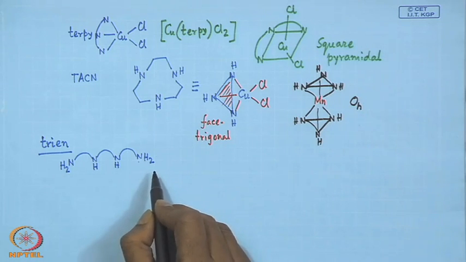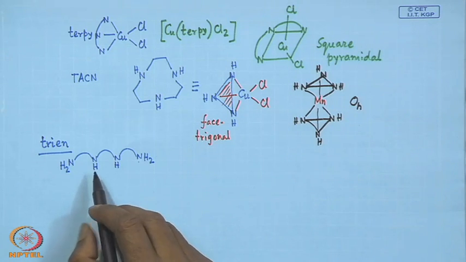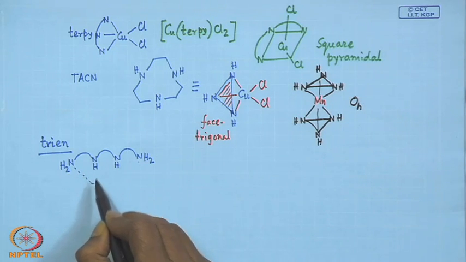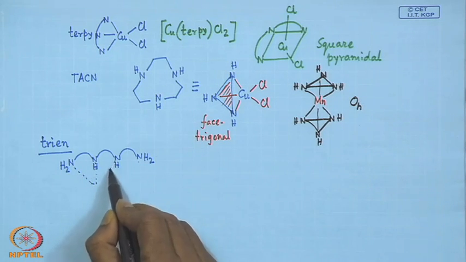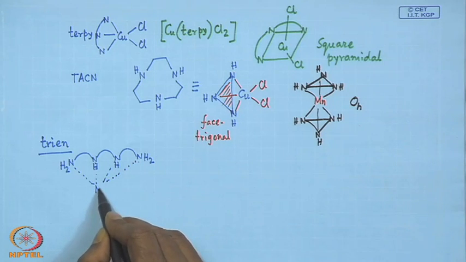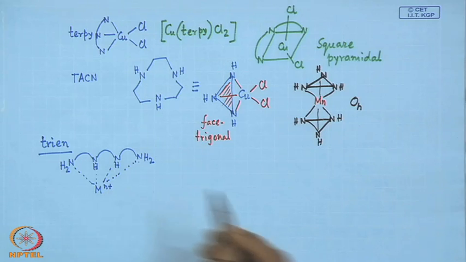So, straightaway we can see now that since we have 4 nitrogen donor atoms, if all 4 are utilized to bind to the metal center, we get a tetradentate ligand.